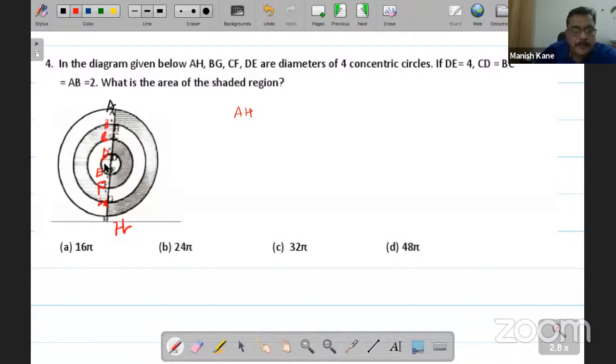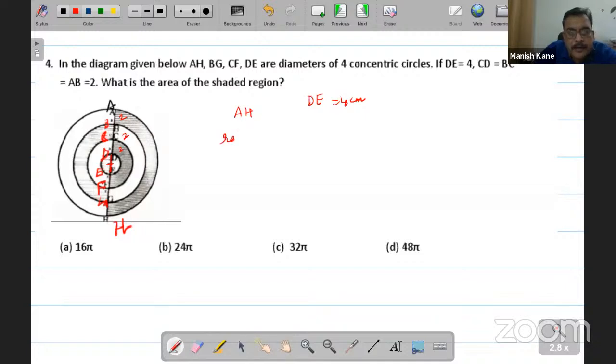So the inner circle is 4 centimeter in diameter. And the rest, CD, BC, and AB, are 2 centimeter each. So this is 2, this is 2, this is also 2. So obviously, the radius of the larger circle must be 6 plus half of DE.